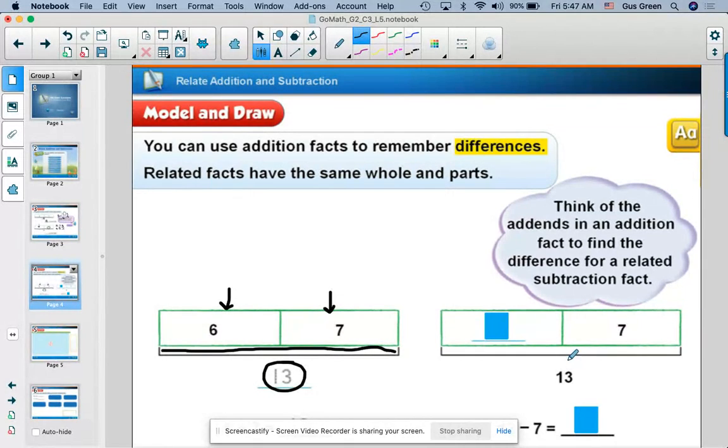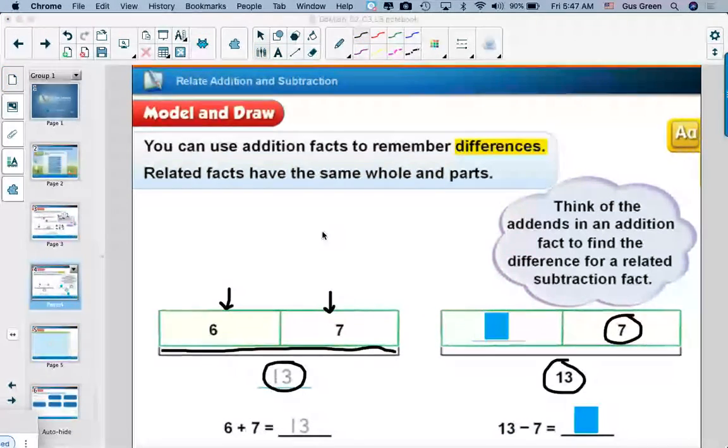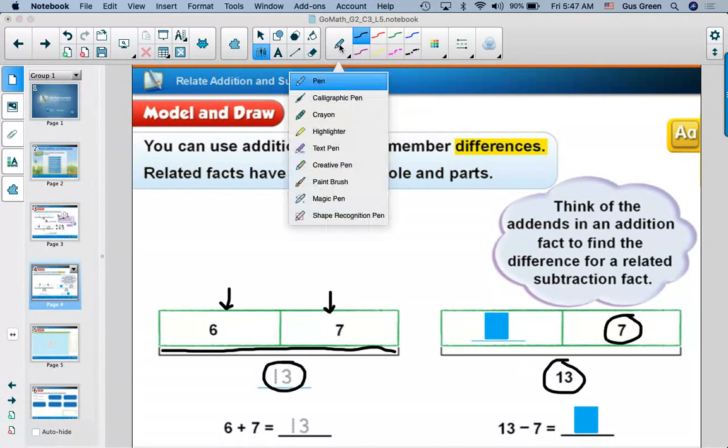So if we know the all together, it's 13, and we know what one of the parts is, we can simply, here, let me hide that, we can simply use the related subtraction fact to figure out the part. So we know 6 plus 7 is 13. And if we know that, then 13 minus 7 has to equal what?